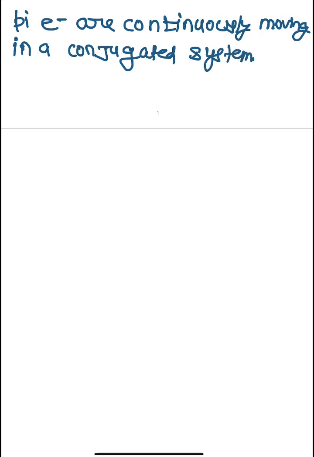Let me tell you, pi electrons are continuously moving in a conjugated system. The most common example of a conjugated system is your benzene ring.